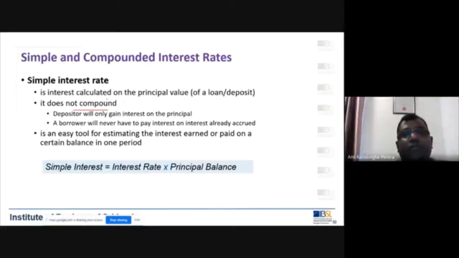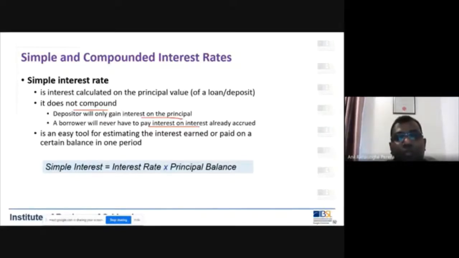As a result, a depositor will only gain interest on the principal. The borrower will never have to pay interest on interest, which means he doesn't have to pay interest in terms of accruals. You don't have to accrue any interest. It's easy to calculate, to understand.